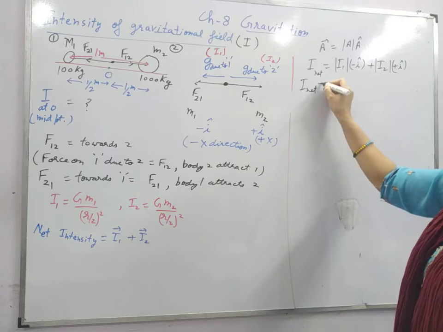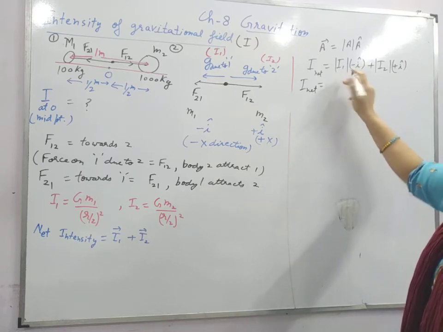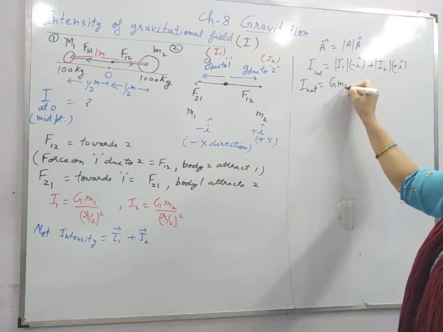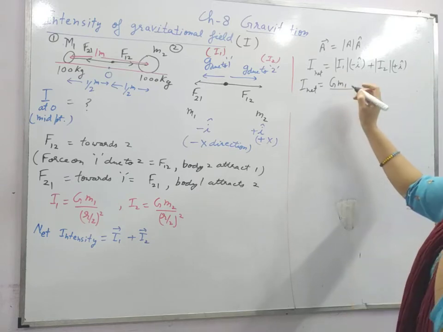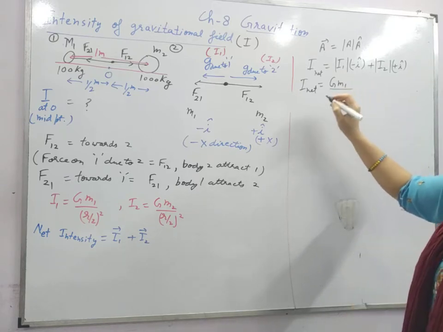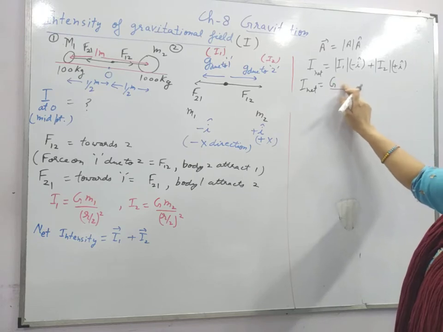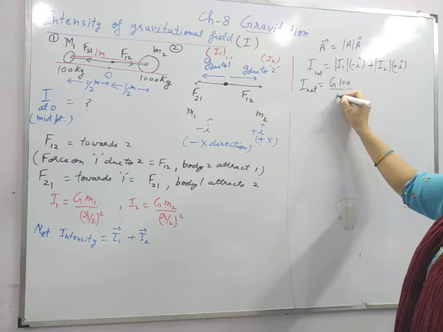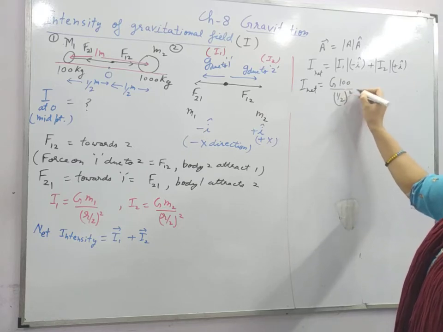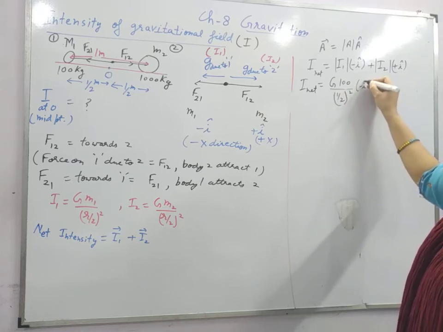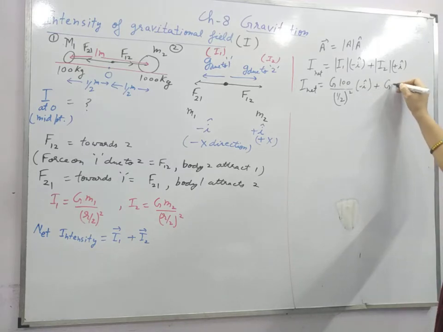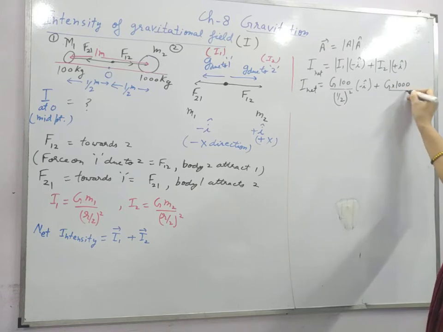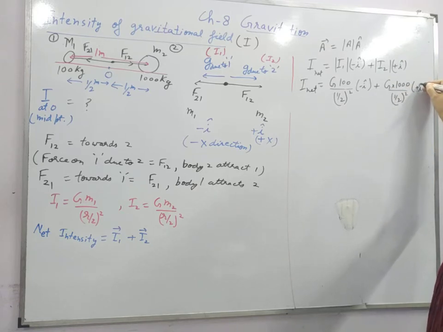I net is equal to intensity of first, G m1 upon r by 2. Let's put the values. First one is 100 upon 1 by 2 whole square into minus i cap, plus G into 1000, G m2 upon r by 2, so this is 1 by 2 whole square into plus i cap.